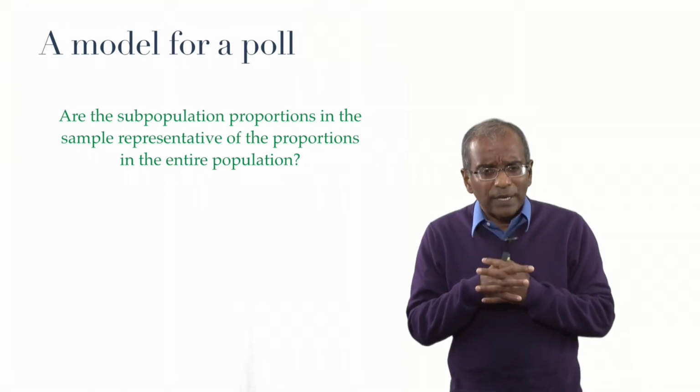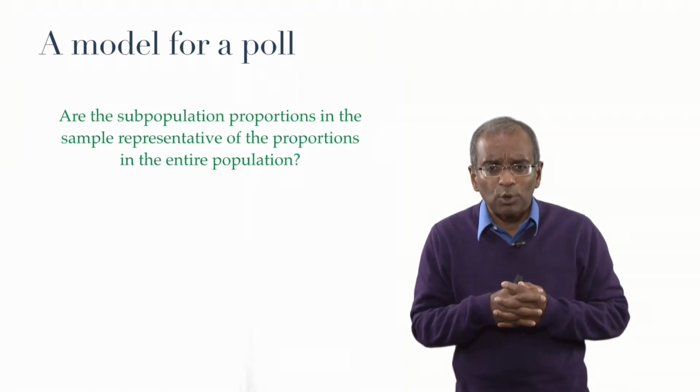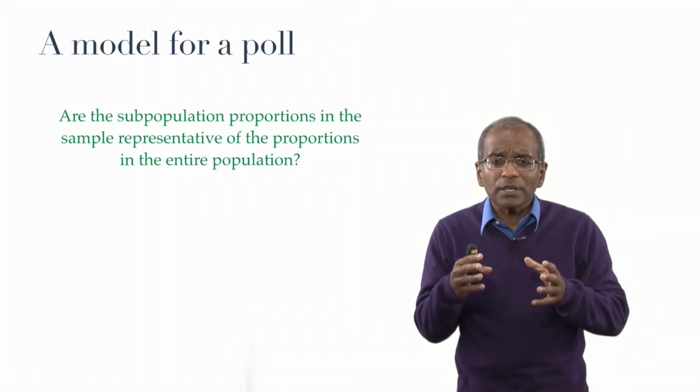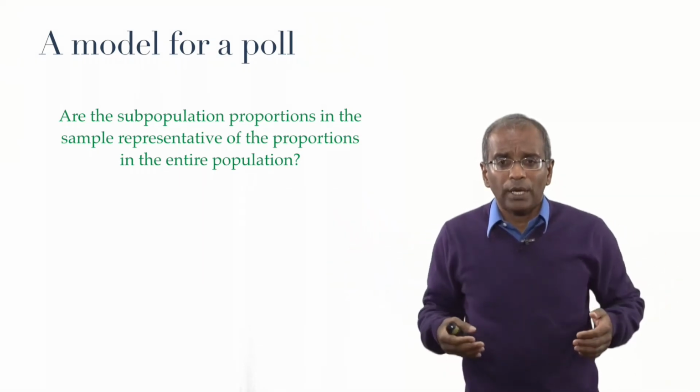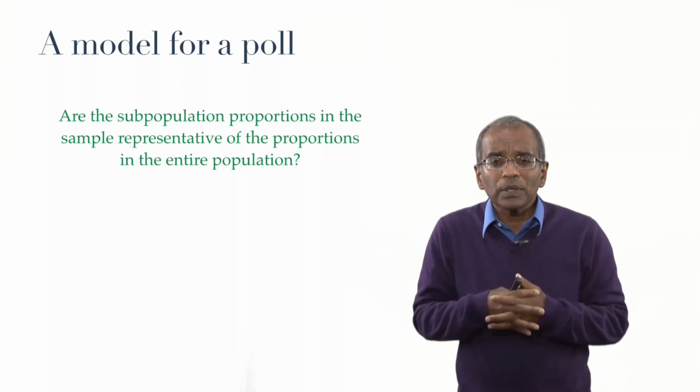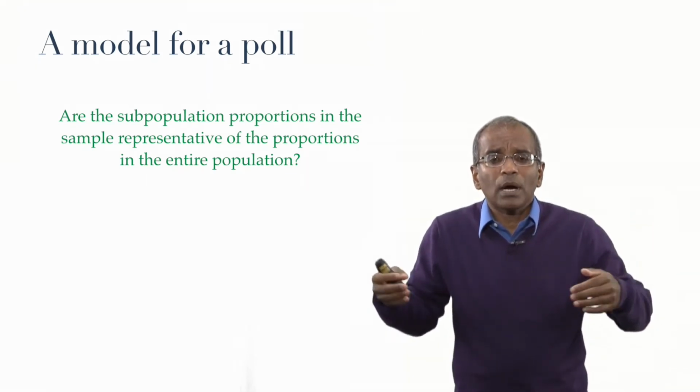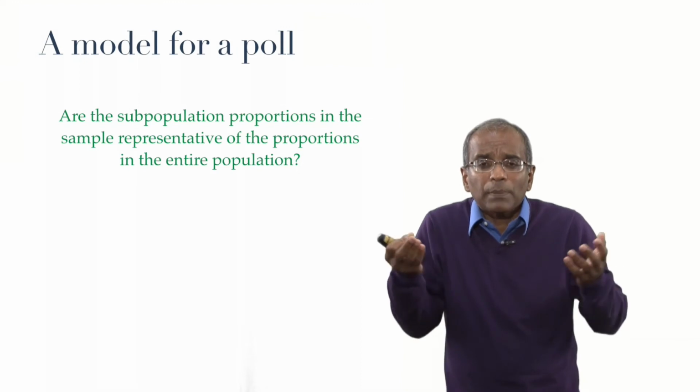Now, on the face of it, this does not look very promising. Imagine, if you like, a large underlying population, say, of a country, divided into two groups. That's a very large population, maybe 100 million, 500 million, perhaps 1 billion people.